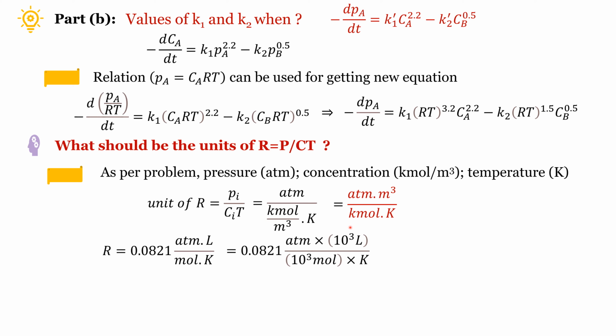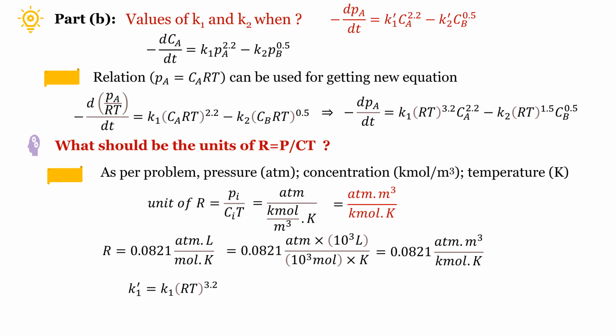Now we can write 10 raised to power 3 liter as meter cube, and this 10 raised to power 3 mole can be written as kilomole. So we will get this value, and the unit will be in terms of atm meter cube per kilomole per Kelvin.